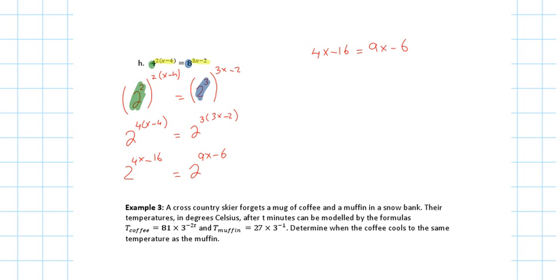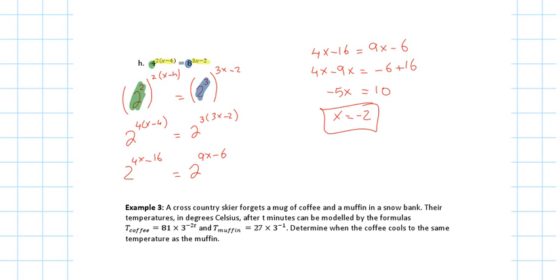So it's going to be 4x minus 9x equal to negative 6 plus 16. So it's going to be negative 5x equals 10. And then divide by negative 5, so x equals negative 2.